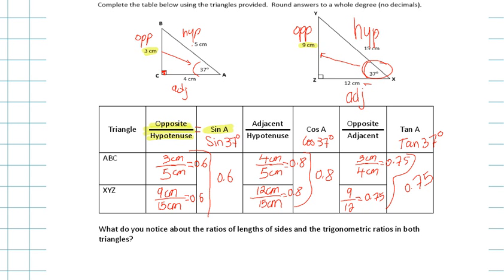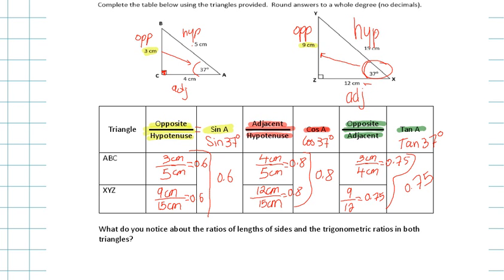And they also came up that the cosine is equal to the adjacent over the hypotenuse every single time, in a right angle triangle only. And tan is equal to the opposite over the adjacent. Okay? So they came up with this formula.